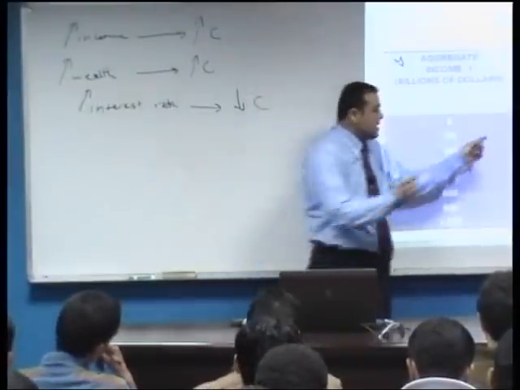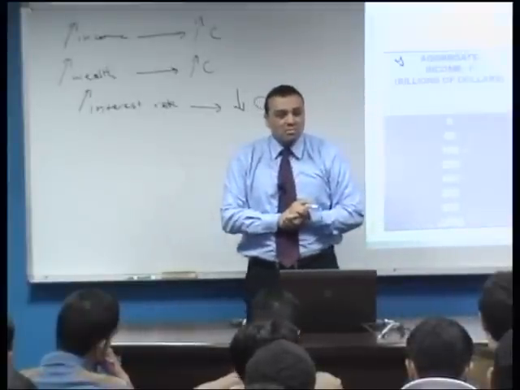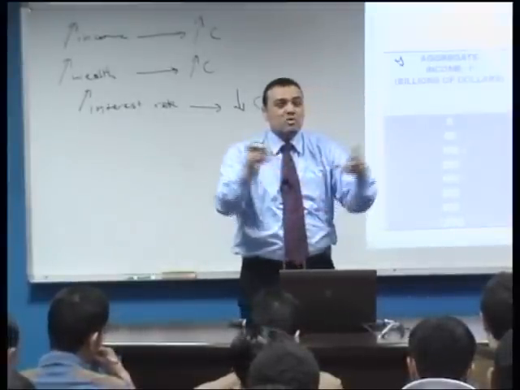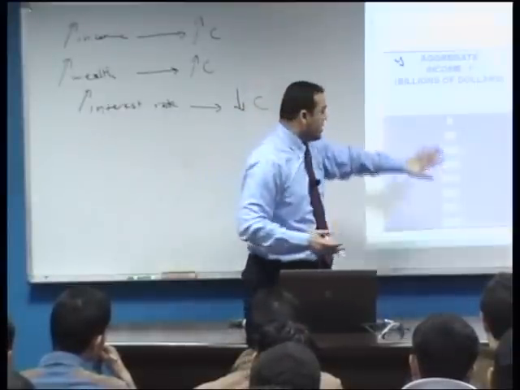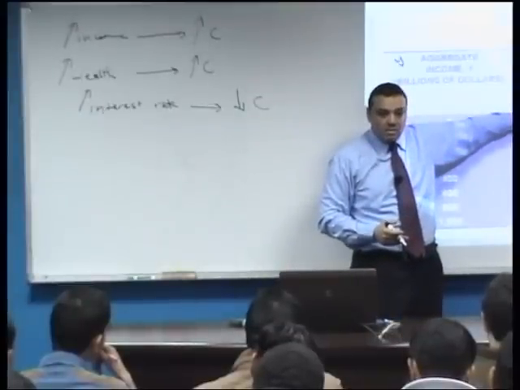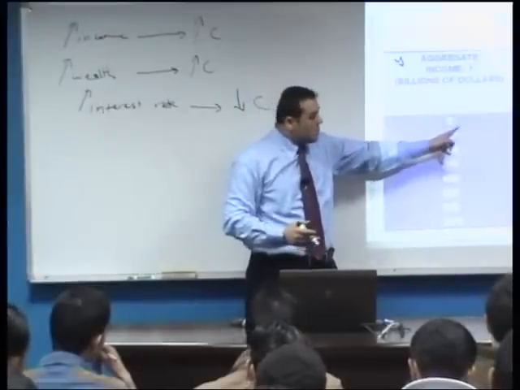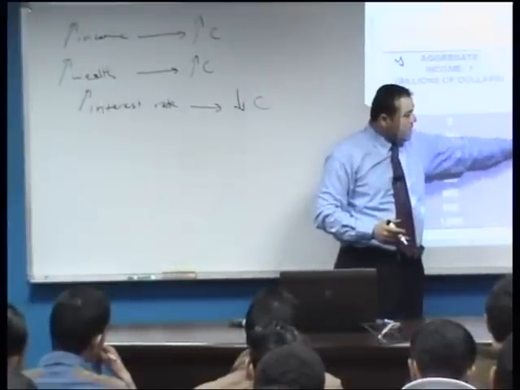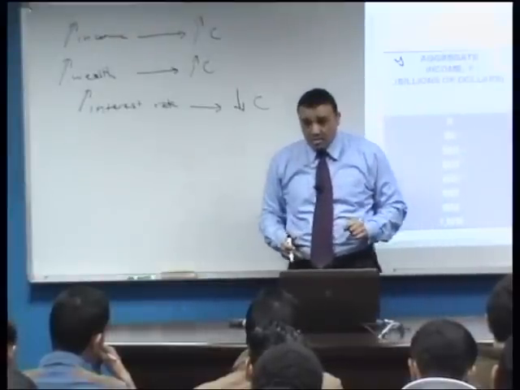Your consumption is 100. This is the autonomous consumption, the consumption that has nothing to do with income. Here the income equals 0 and you still have consumption. Okay. When your income increased to 80, your consumption increased by 60, from 100 to 160. Right?